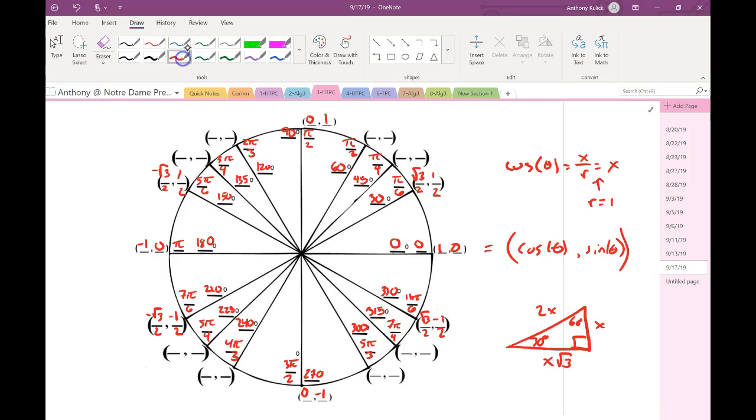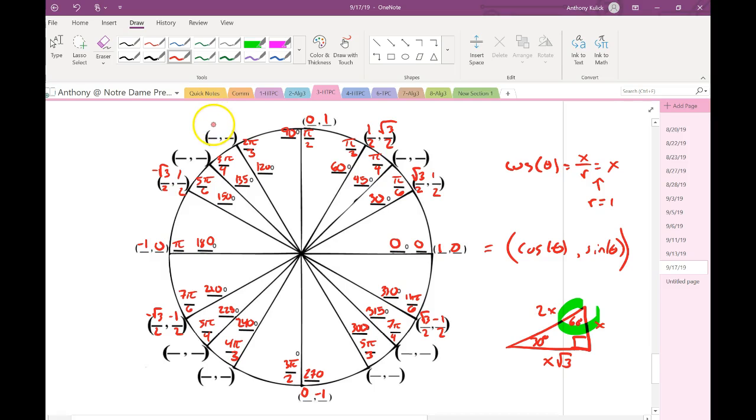Now let's move on and look at the 60-degree angle. If I'm looking at cosine of 60 degrees, that is going to be x over 2x, or just 1/2. And sine of 60 degrees is going to be square root 3 over 2. Now I'm going to copy this in at all the places where, if I draw a right triangle back to the x-axis, I end up with that 60-degree angle.